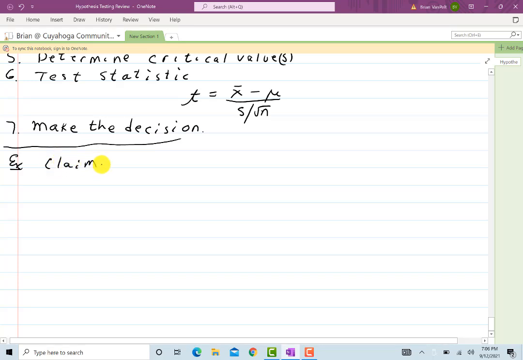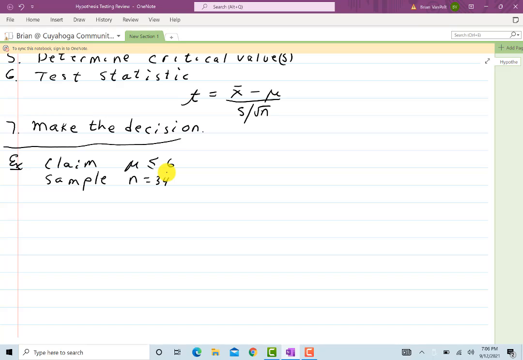So let's see what the claim is. We have a claim that mu is less than or equal to 6. And here's what my sample gave me. We have n is equal to 34, so that's good. N is greater than or equal to 30 is what we need, so I don't have to worry about checking anything else out as far as normality is concerned.